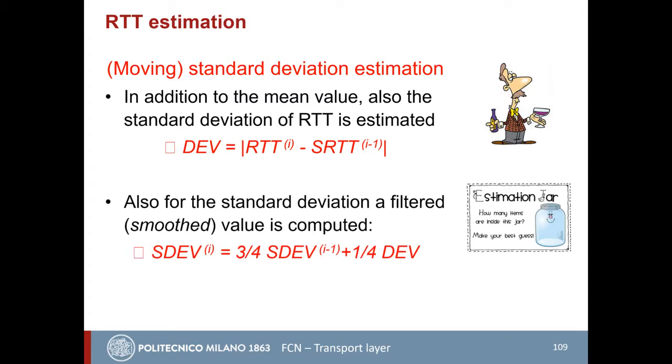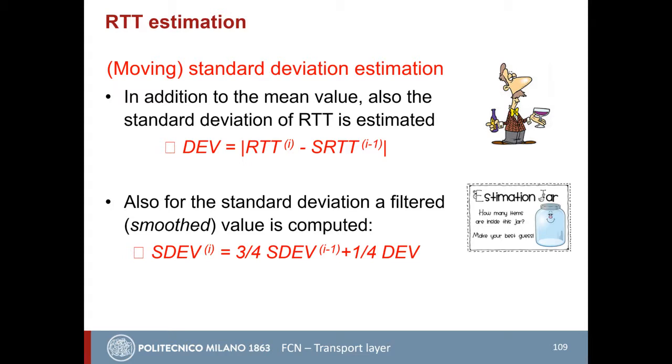And also in this case, the smooth standard deviation is defined by this expression. You take the smooth standard deviation value calculated in the previous step, and then you combine it with the last standard deviation that has been measured, and the sum is weighted by a weighting factor that usually is 3/4 and 1/4.